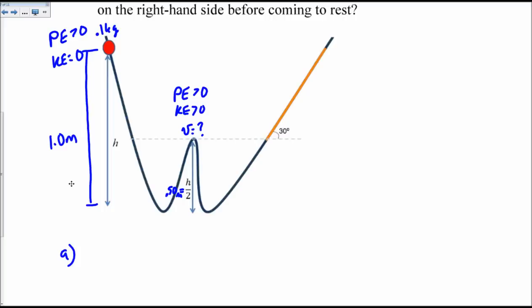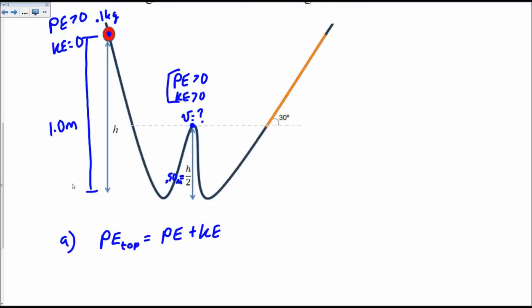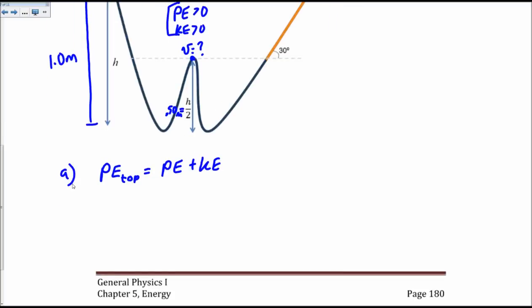Now, if I say that the energy up here is equal to the energy down here, which is just a statement of the conservation of energy, I'll say that the potential energy at the top, or at h, is equal to the potential energy plus the kinetic energy that's at this location, at h over 2. All right, so I get m times g times h equals m times g times h over 2 plus 1/2 mv squared.